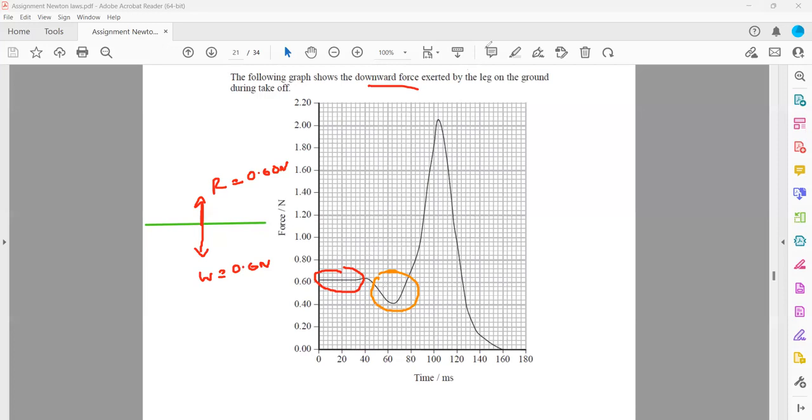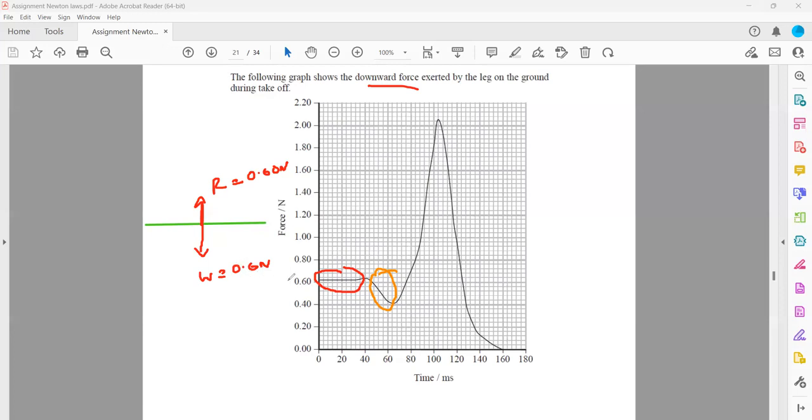Initially, why is there a decrease in the downward force, so that it is less than the weight? The main reason is that as the bird tends to push the ground to get the lift, the position of the center of gravity is changing. That's why the downward force is varying. But when it is pushing the ground, the downward force increases, so that it is more than the weight.